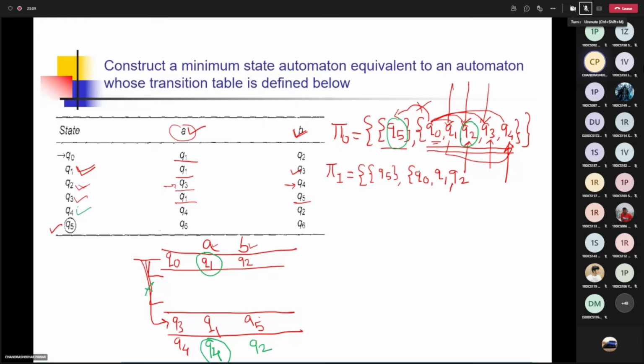So 1 and 4 are within the one set. And Q2, Q2 is the same state, so it will reside within the one set. So Q0 and Q4 are also equivalent.